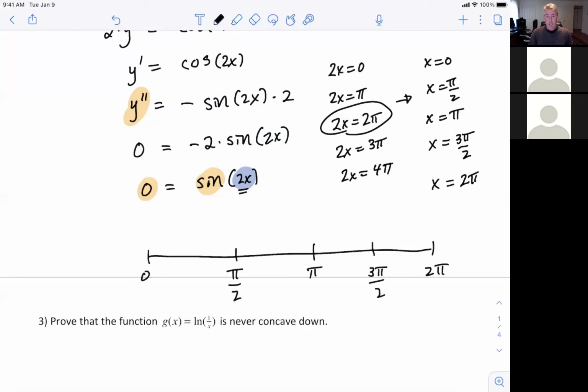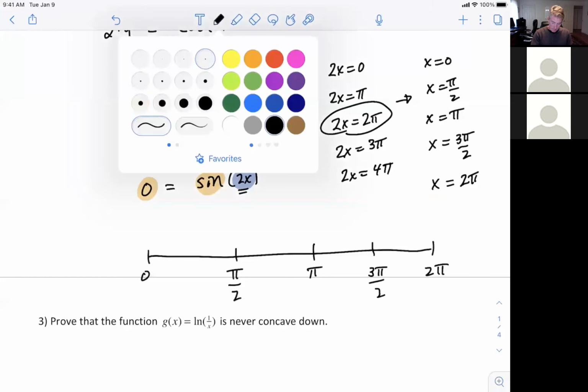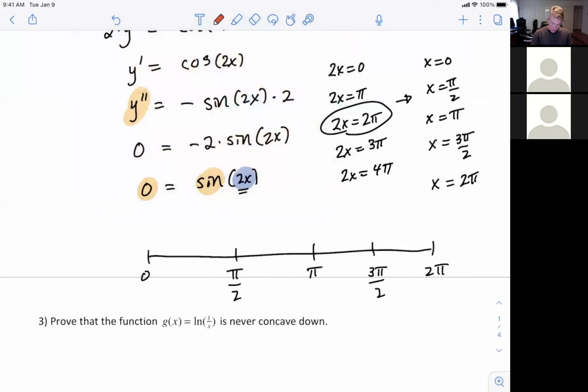Then there's two ways that you could do this. You could pick a number, like for example, the number 1 would be right here. And then you plug that in here to find out, is the second derivative positive or negative?